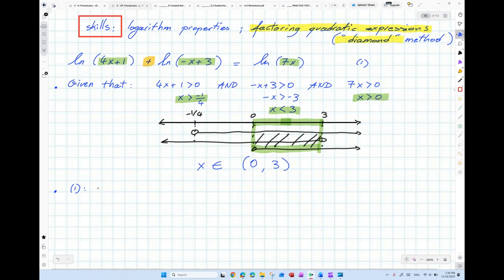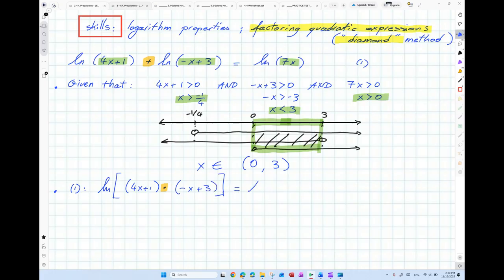The addition is going to become, inside the logarithm, a multiplication. I will have 4x plus 1 times negative x plus 3, and this would be equal to ln of 7x.